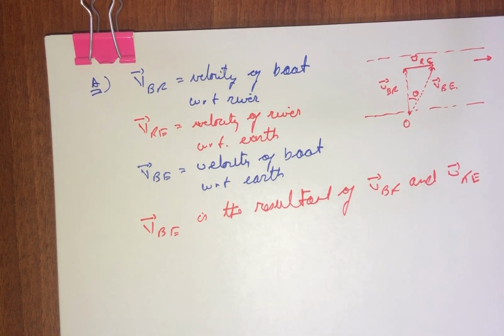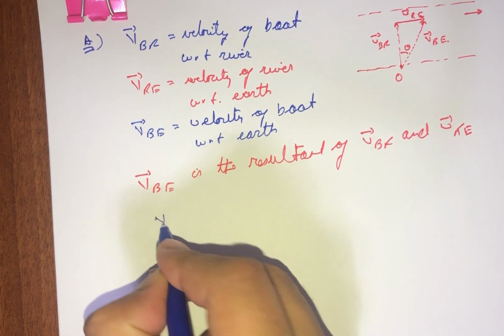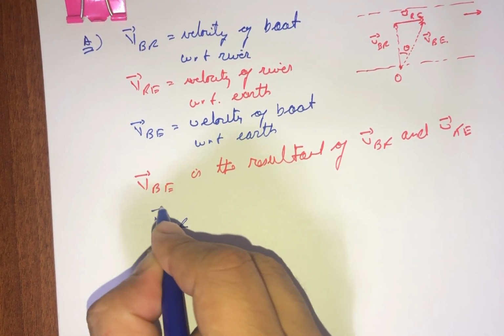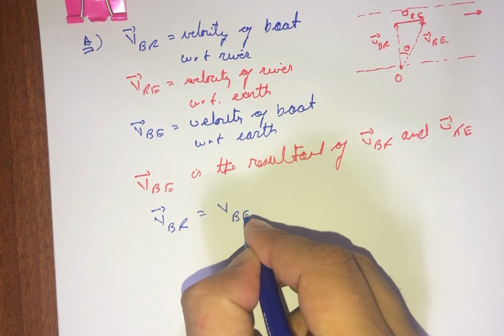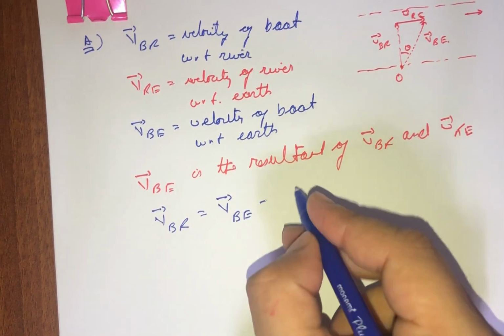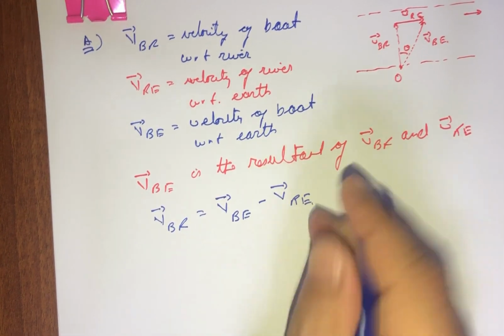It means the velocity of the boat with respect to river can be written as velocity of boat with respect to earth minus velocity of the river with respect to earth.